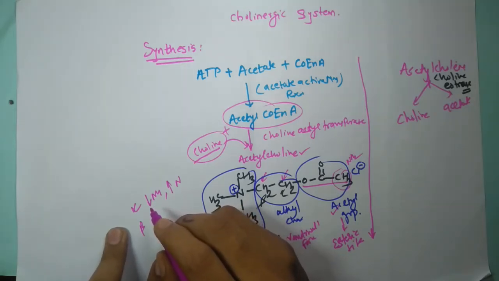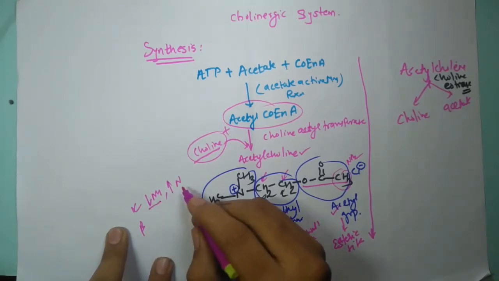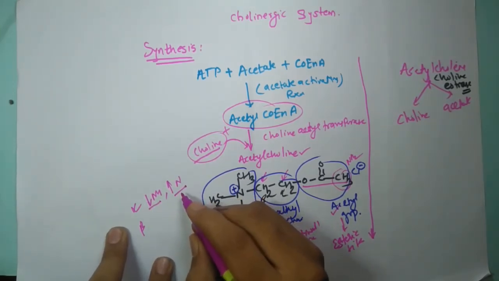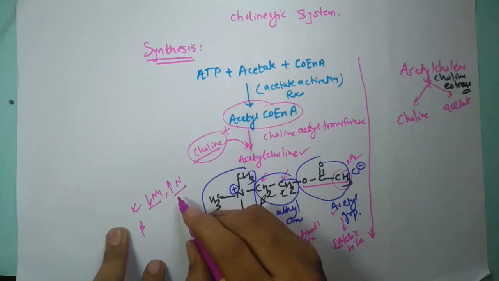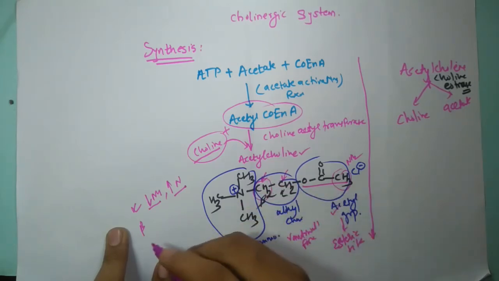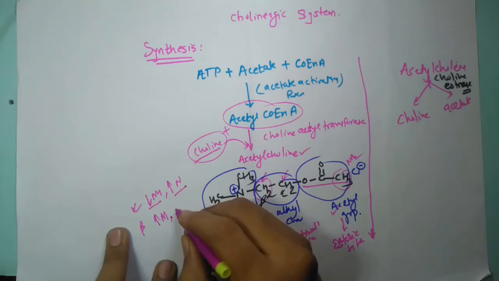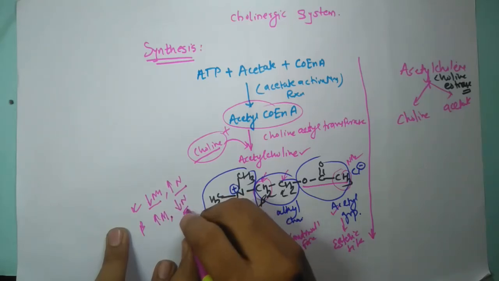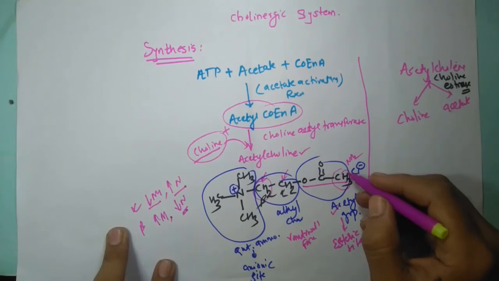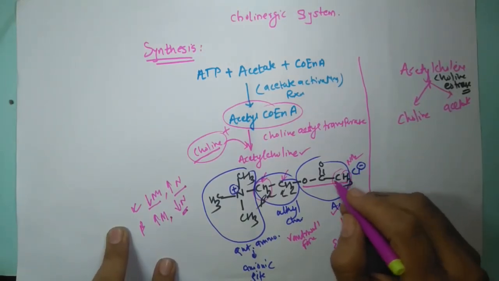It means binding of acetylcholine to the muscarinic receptor and to the nicotinic receptor. These are the two types of receptors present at the end of the neuron, on the effector cell. If there is a substituent on the beta carbon, there is an increase in muscarinic activity but a decrease in nicotinic activity. And there is no change in activity if we substitute the CH3 of acetyl by NH2, forming the carbamide.